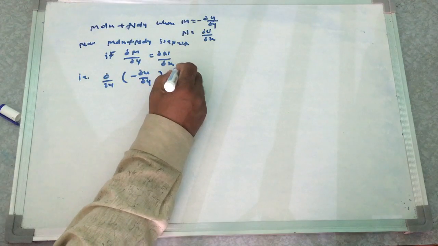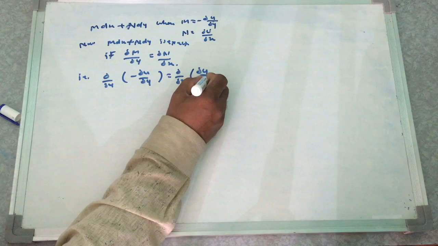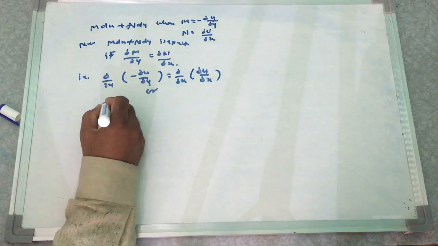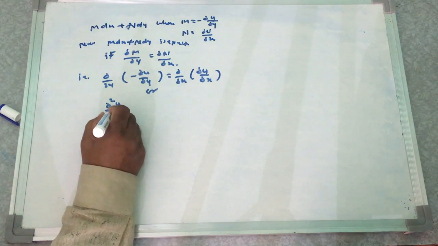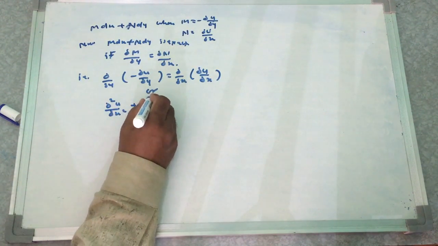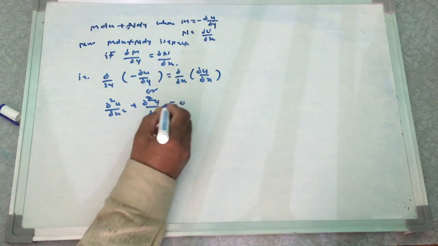if del m upon del y is equal to del n upon del x, that is, del by del y of minus del u upon del y is equal to del upon del x of del u upon del x, or del square u upon del x square plus del square u upon del y square is equal to 0.